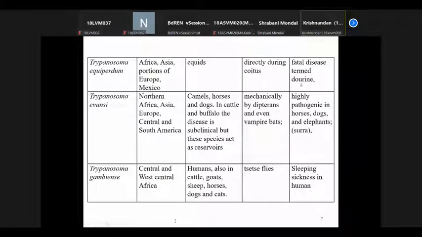The previous one, Trypanosoma equiperdum, causes dourine in horses, and evansi causes surra in horses, elephants or dogs. Surra.